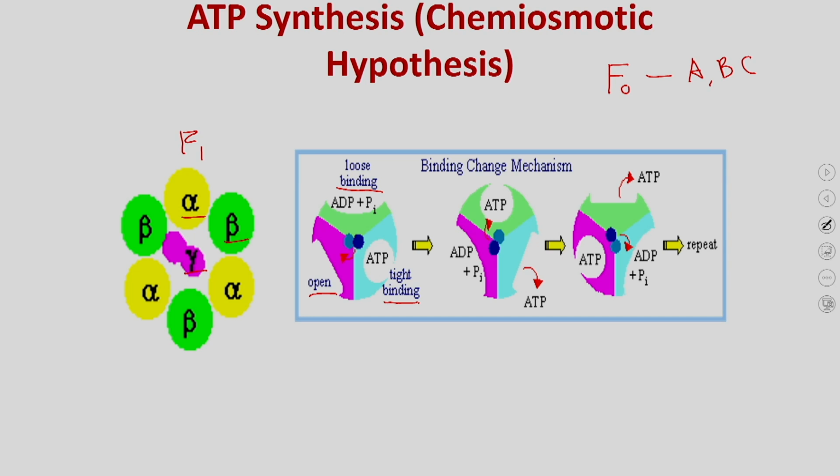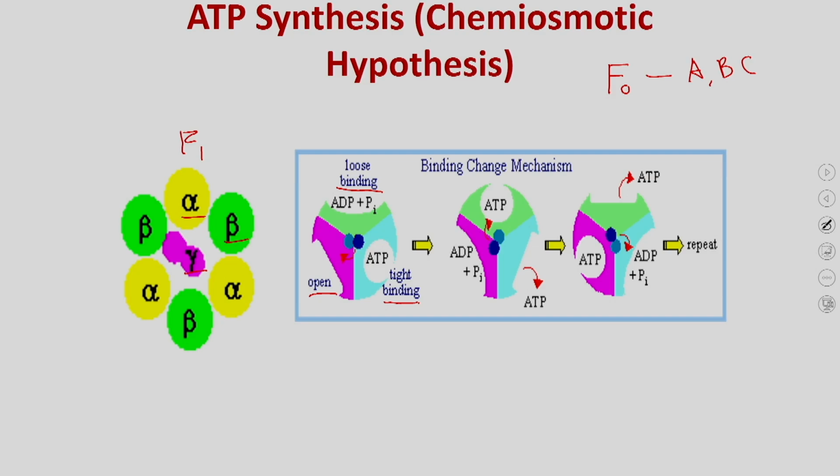So, the FO subunit is made up of three different proteins known as A, B and C, whereas the F1 subunit is made up of different types of proteins, and these proteins are called alpha protein, beta protein, so alpha, beta, gamma, delta and epsilon.